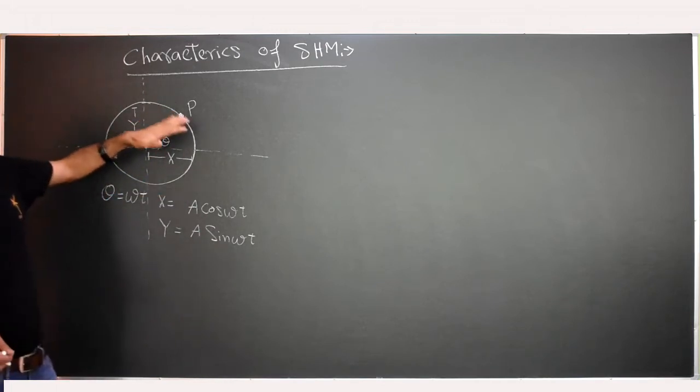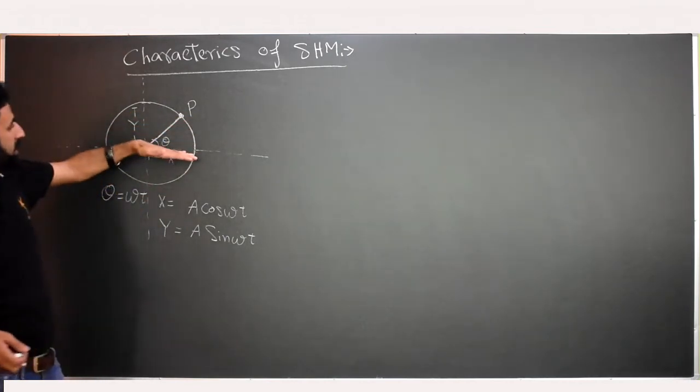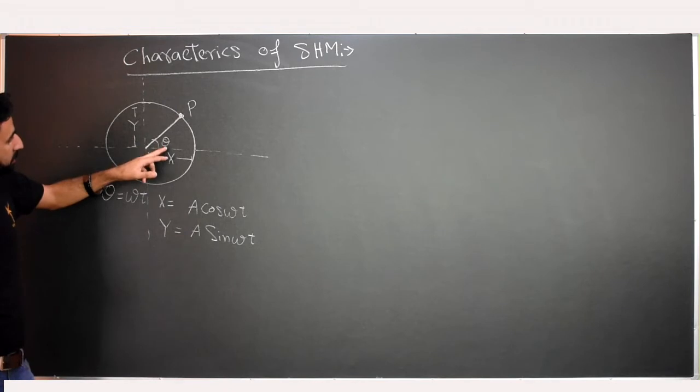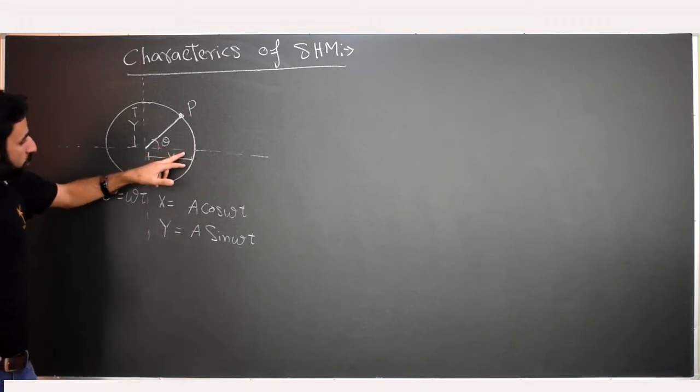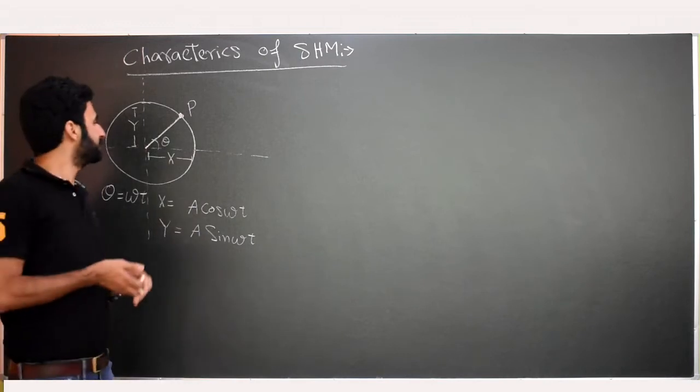This is simply the resolution of a vector. The component which makes angle theta is the x component, the cos component, and the other one is the sine component.